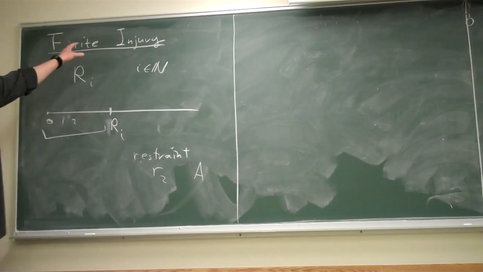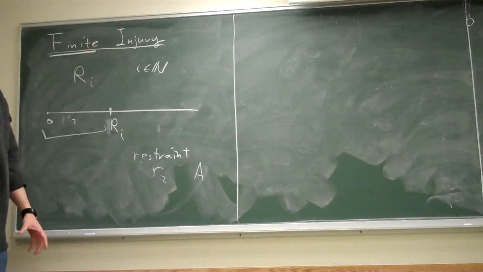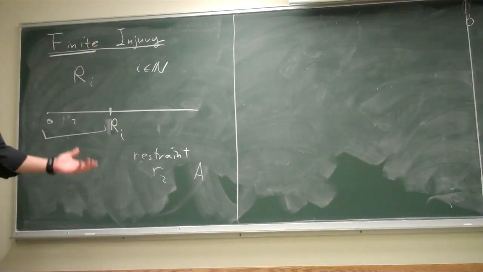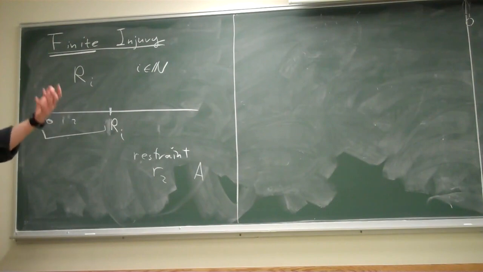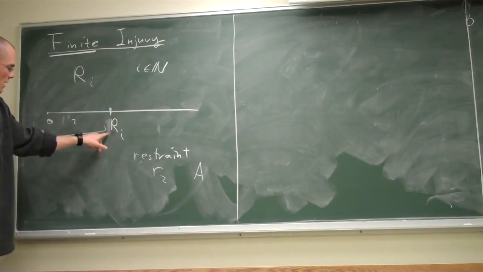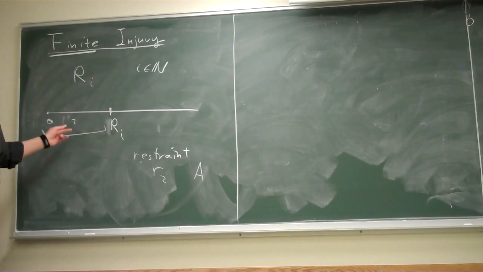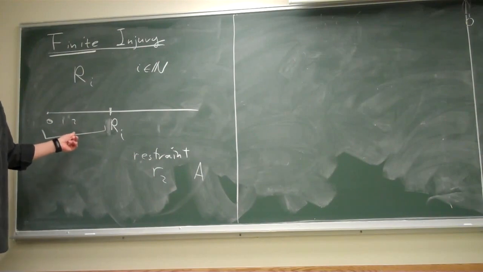It is finite injury because every requirement gets injured only finitely often. So what we need to see is that this Ri gets injured only finitely often by the requirements that are less than it. One of the easy situations is going to be like in the first theorem we're going to do, showing the existence of a low set.